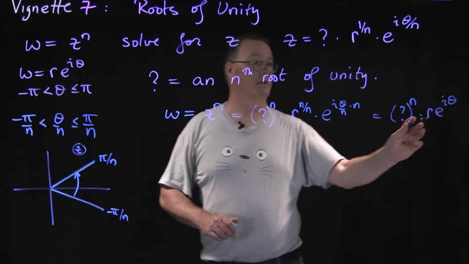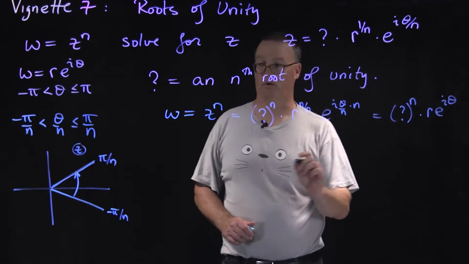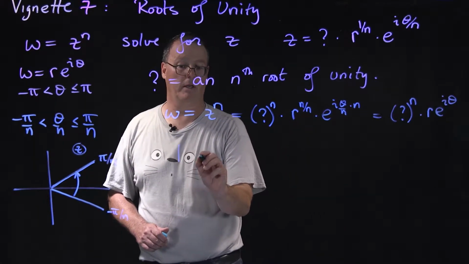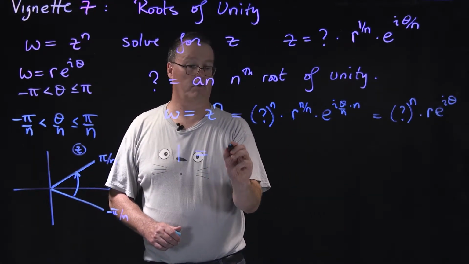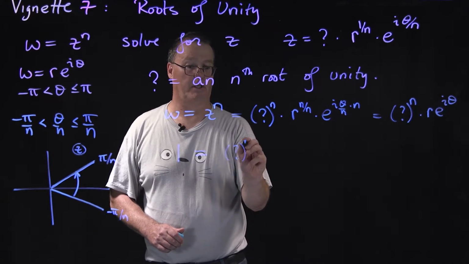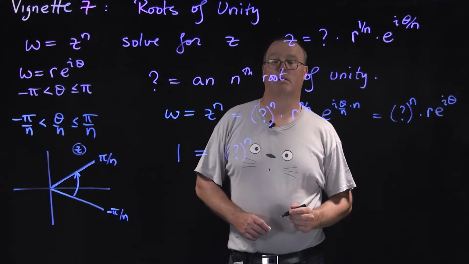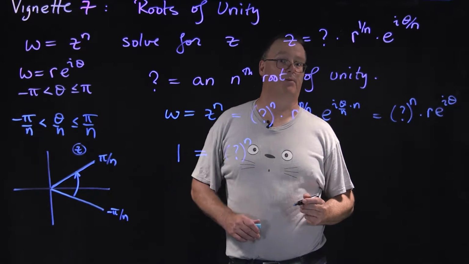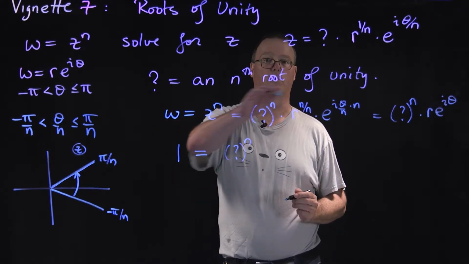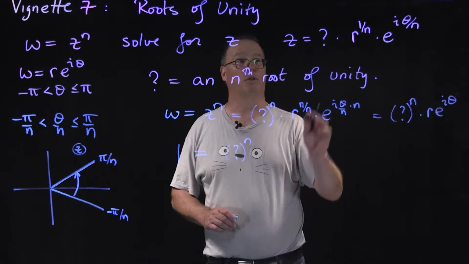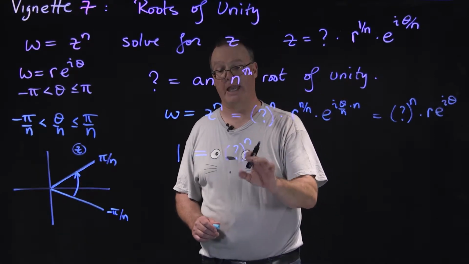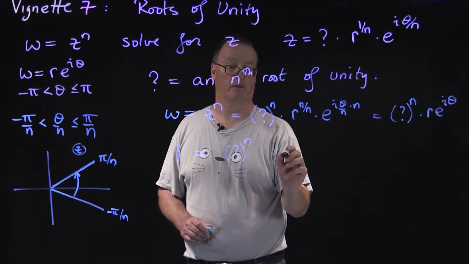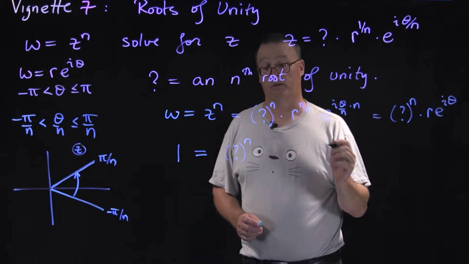But w is r e to the i theta, so therefore we wind up with 1 is equal to question mark to the n. So that means question mark must be one of the nth roots of unity. And that's exactly what I stated here. This extra factor must be one of the nth roots of unity. And there are exactly n of them.